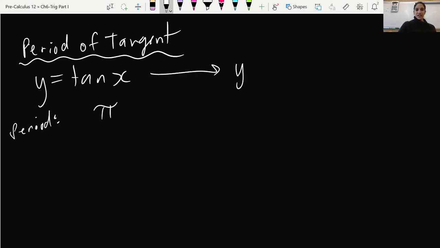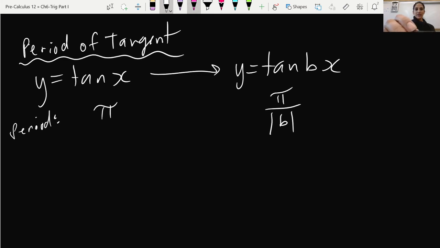If I change it to make it y equals tan of bx, then the period here is going to be pi over the absolute value of b. So this is just like the other one that we did there. It would be pi over the absolute value of whatever you have there for b.